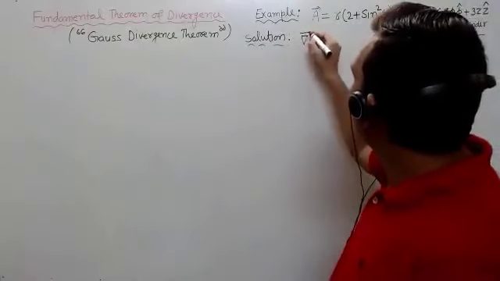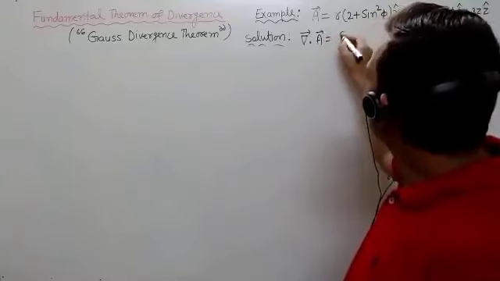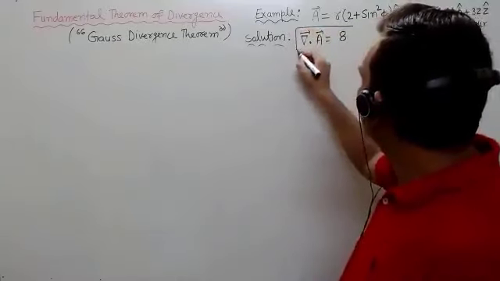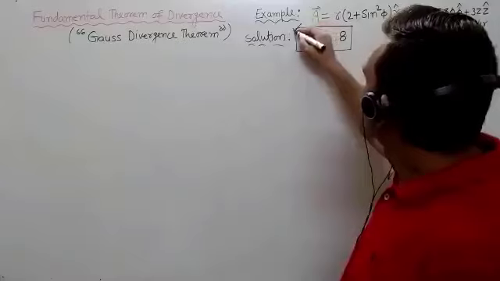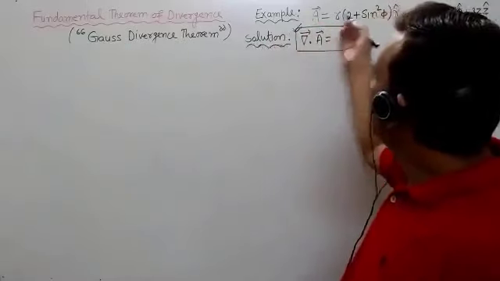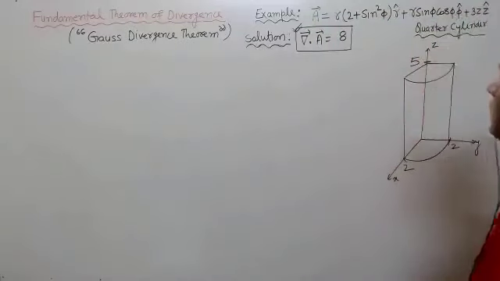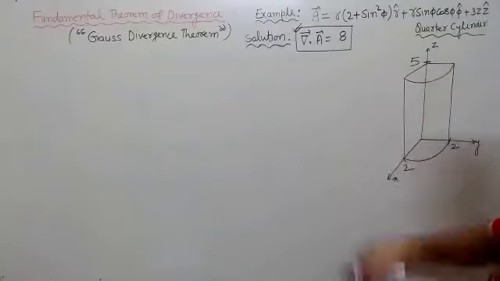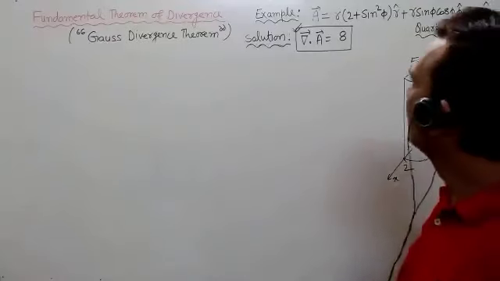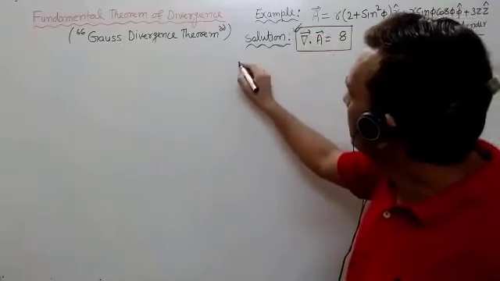You have to verify it. Just see in your note. Divergence of A is 8 for this vector function. Yes or no? Yes, I have already calculated. So you can recheck it. Divergence of A is 8. So what will be volume integral?